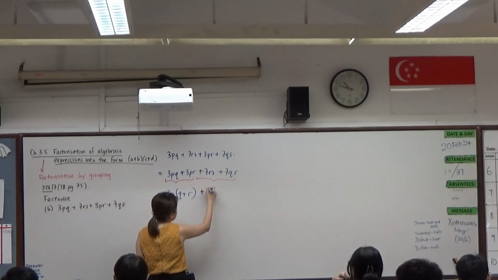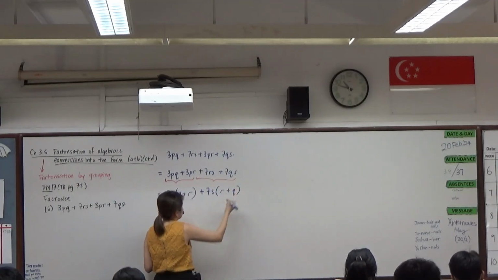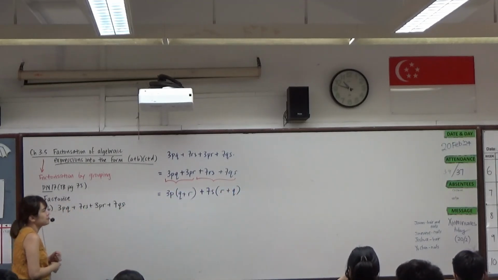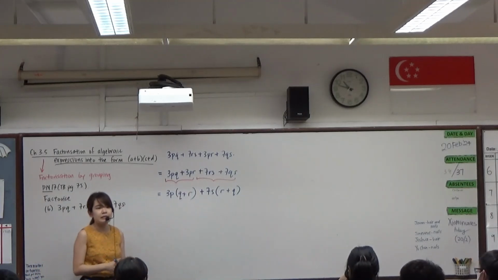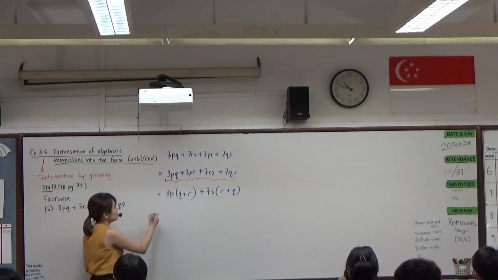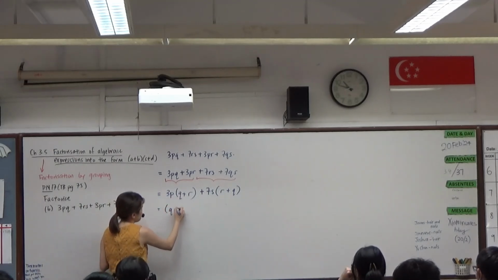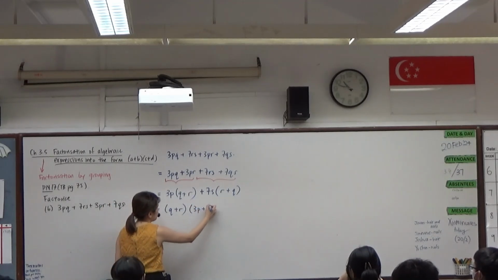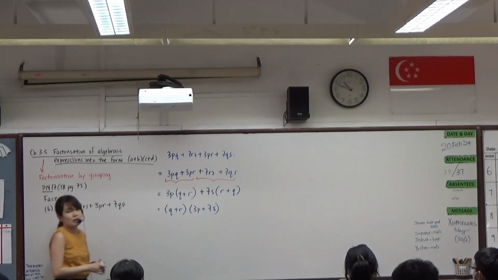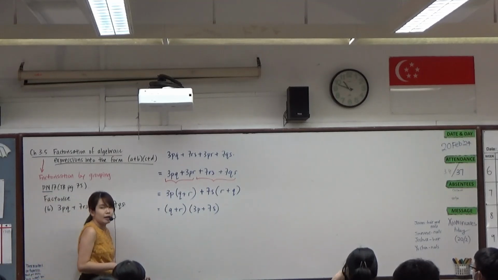So we will put a plus 7S followed by R plus Q. Do we agree that Q plus R and R plus Q mean the same thing? Yes, right? Since they mean the same, I can factorize out Q plus R, and then we'll be left with 3P plus 7S. So that will be the answer that we get when we factorize this expression. Any questions?